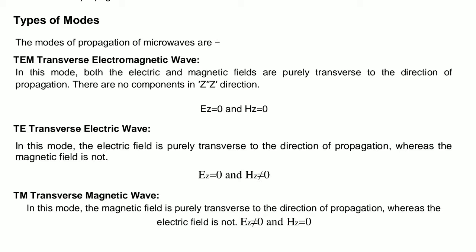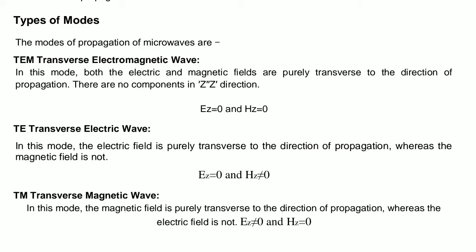The z direction is the direction of propagation of the electromagnetic wave. So towards this z direction there will be no electric field and magnetic field, or we can say both the fields, electric and magnetic, are purely transverse or perpendicular to the direction of propagation, okay.